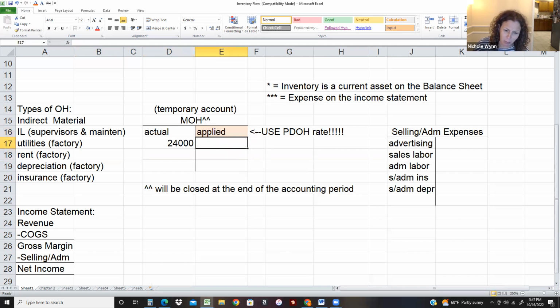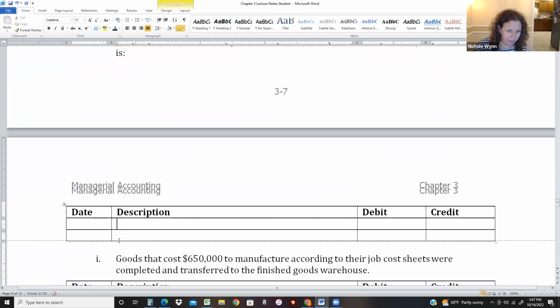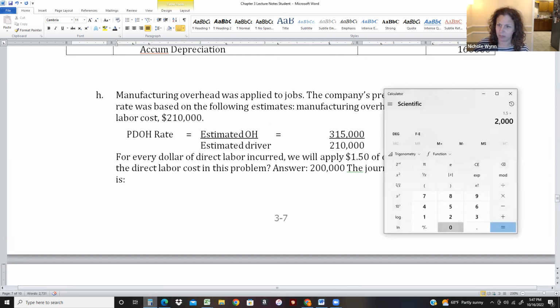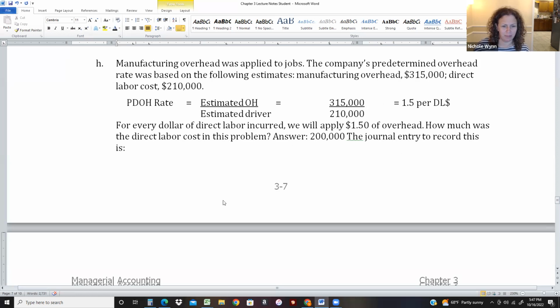So when we apply overhead, we're going to credit overhead on the second line, and our debit is WIP. Three things go into WIP: direct material, direct labor, overhead applied. And that dollar amount is 1.5 times 200,000, 300,000.